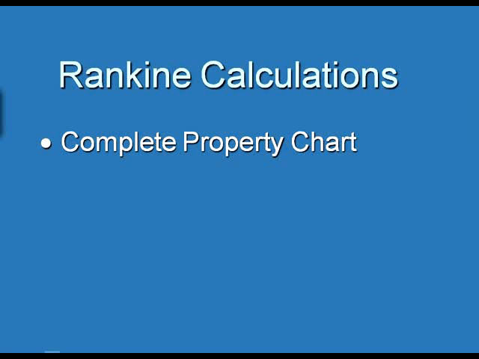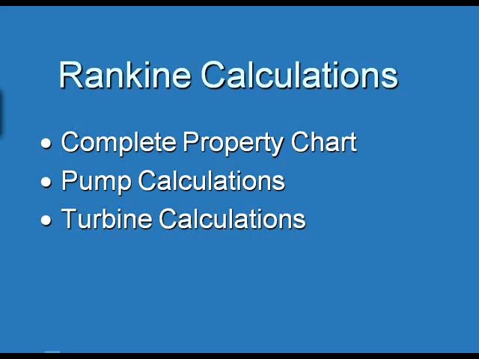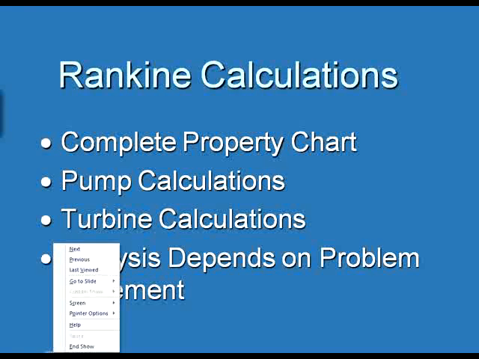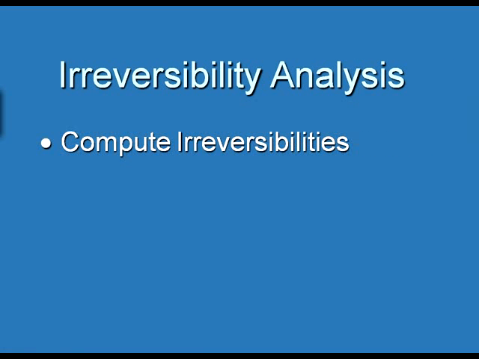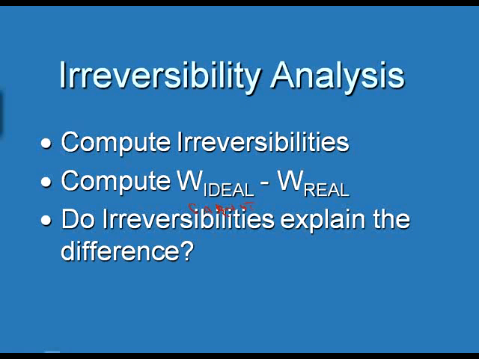Okay, the Rankine calculations we looked at. We completed the property chart. We did some pump calculations, turbine calculations, and of course the analysis depends on the problem statement. We did an irreversibility analysis. We computed the irreversibilities. We computed the difference between the ideal work we might have gotten from the Carnot cycle versus the real cycle, the Rankine cycle.